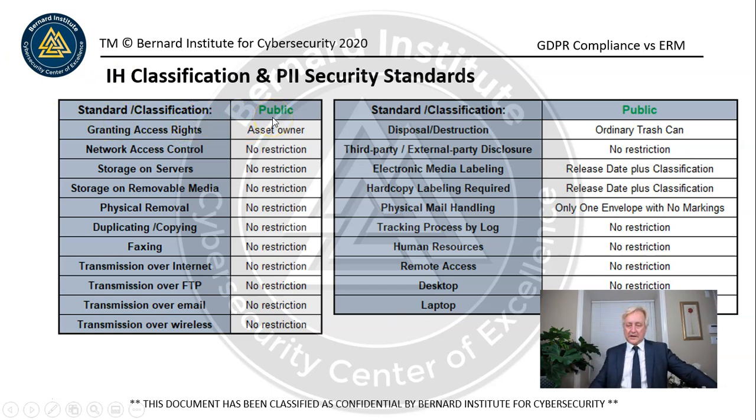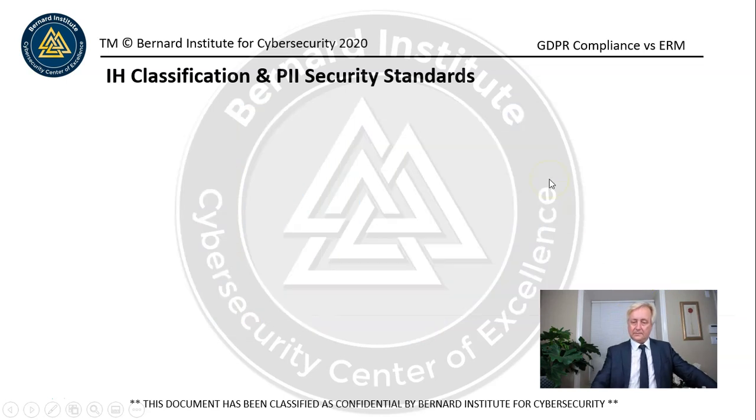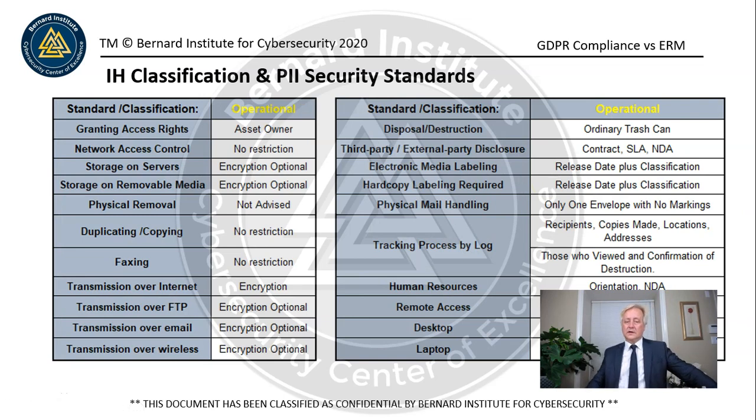So if you have public access to information, a lot of the restrictions are removed. However, if you have operational access level, then you might see some things trickling in here, like you need authority, you need the asset owner or the data protection officer to grant you access.